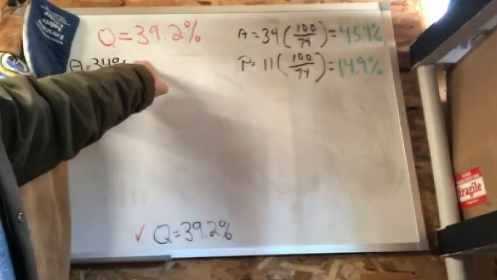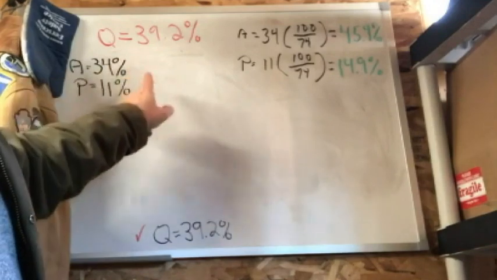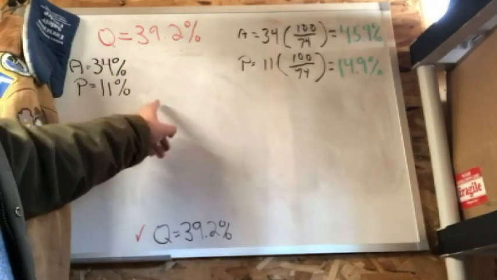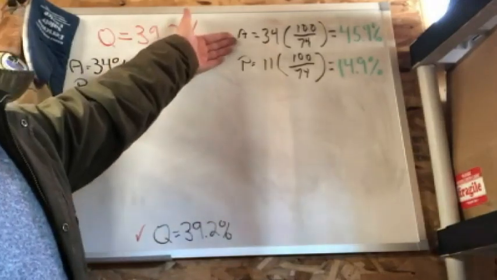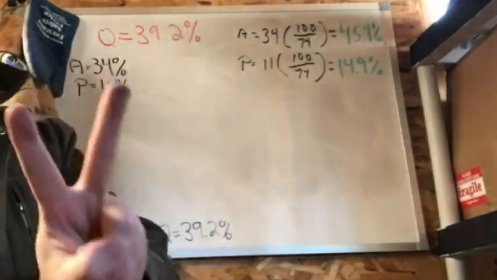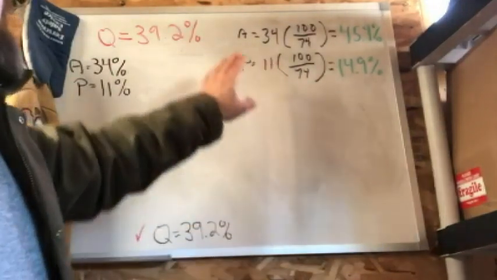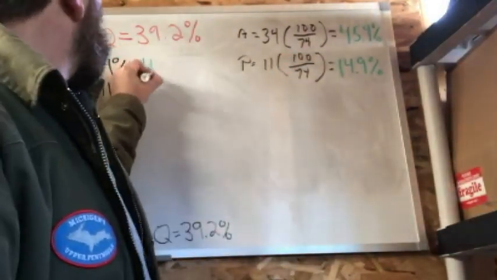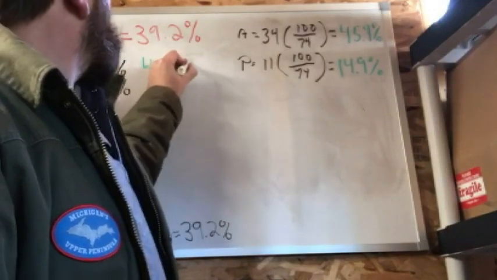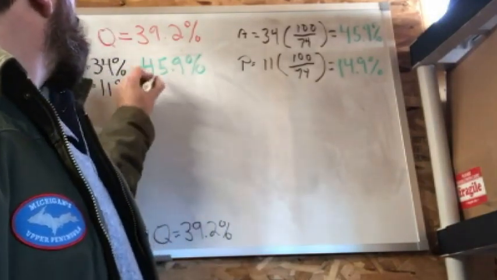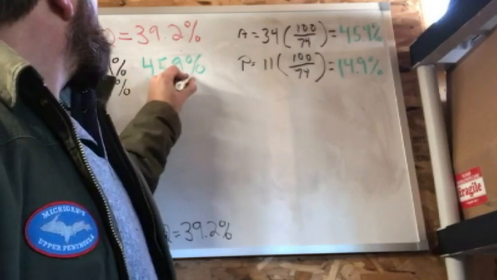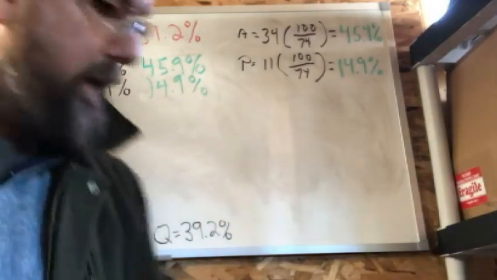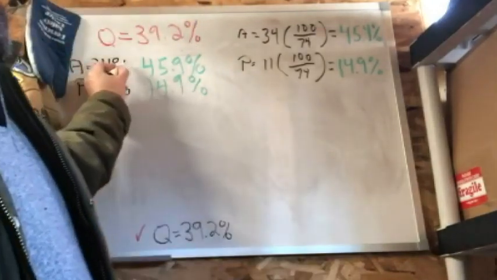Now, out of my initial percentages, I had 34% alkali feldspar and 11% plagioclase. So I would do the same thing I did for the quartz using equation 2. I get 45.9% and 14.9% for my plagioclase. So these are done.